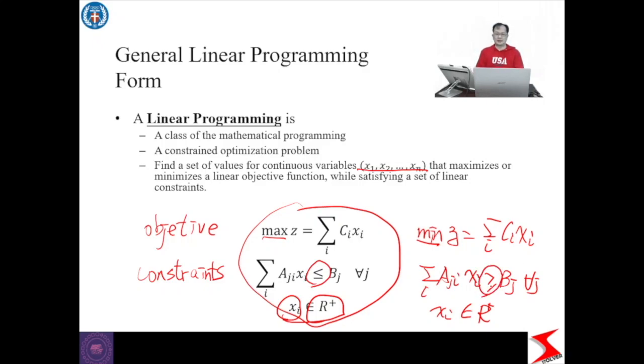In a maximization problem, we use the less-or-equal sign. In a minimization problem, we use the larger-or-equal sign. Why is that?